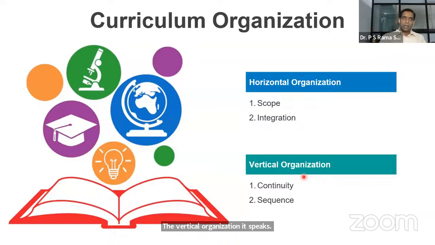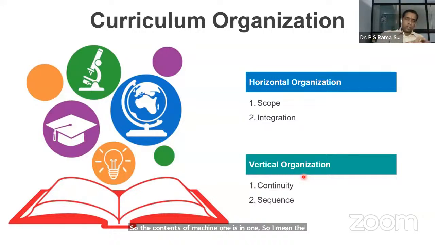Continuity is, like I'll tell you a school example, which we can easily correlate, or even say engineering. Because I hail from mechanical engineering, I can cite some examples from that. Say theory of machines, or machine design. There is machine design 1, then there is machine design 2. Machine design 1 is in one semester, machine design 2 is in the next semester.